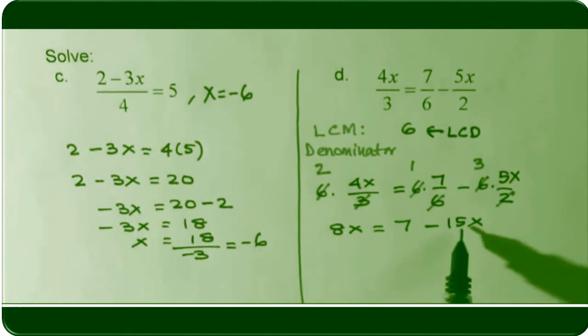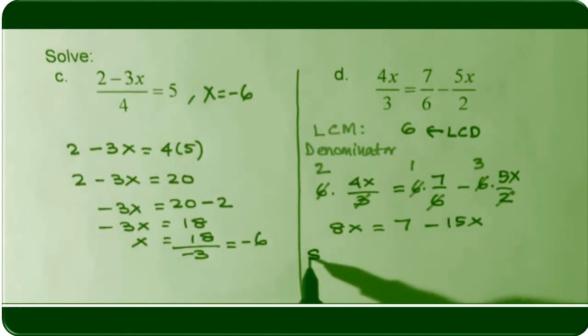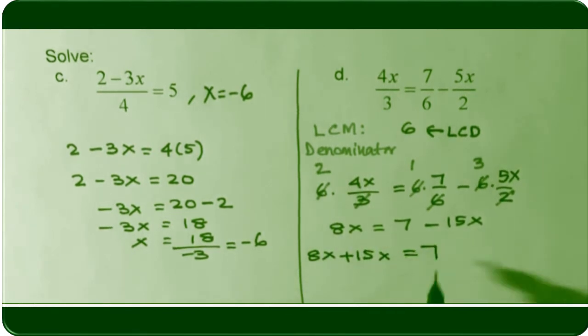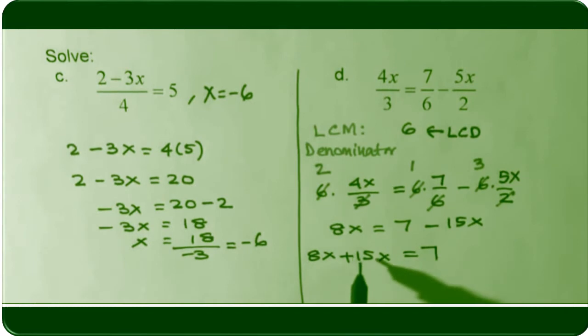Now it is simple to solve. Bring it to one side: 8x plus 15x equals 7, and 8 plus 15 is 23. So we get 23x equals 7, so x is equal to 7 over 23. That becomes the solution for the given equation.